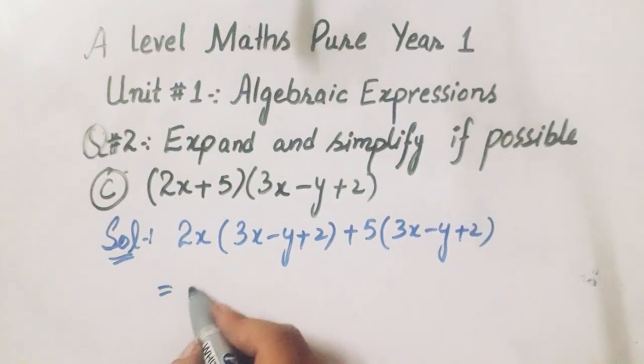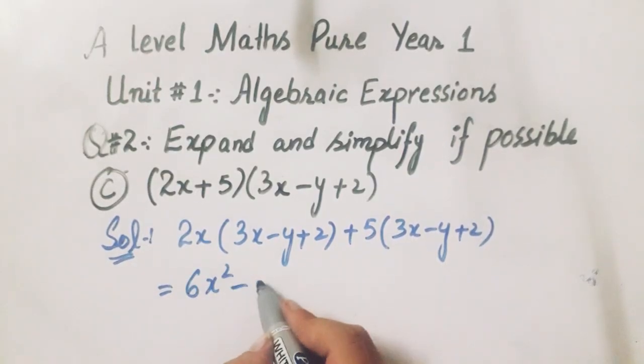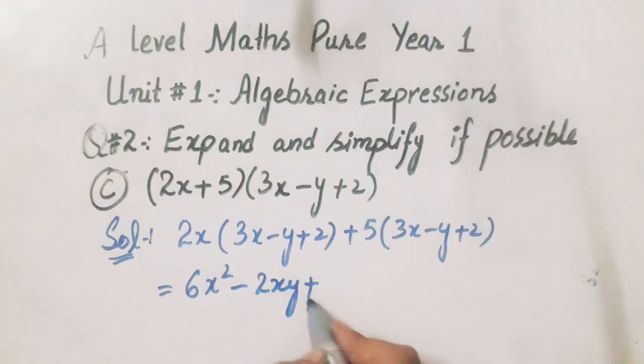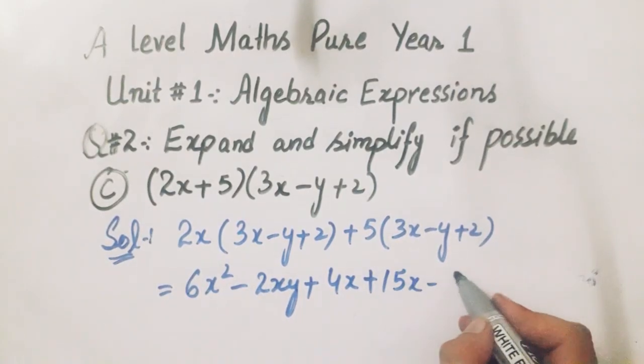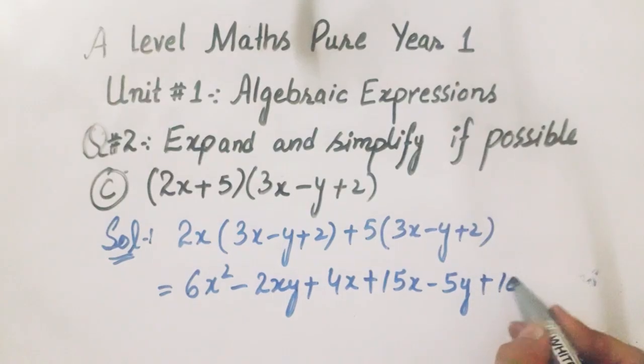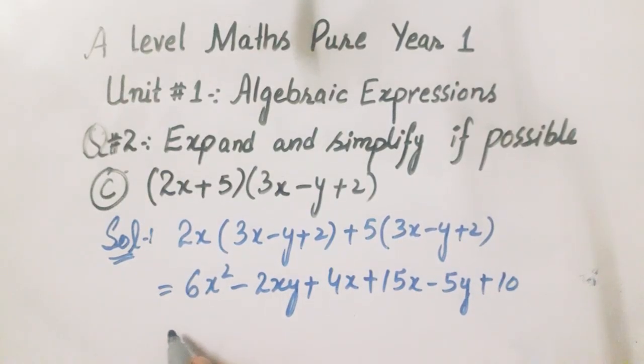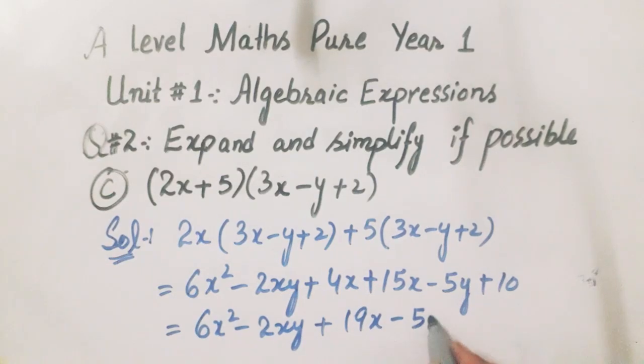So we get 2 into 3 is 6, 6x square minus 2xy plus 4x plus 15x minus 5y plus 10. So this will become 6x square minus 2xy, then 15 plus 4 is 19, 19x minus 5y plus 10. So this is the answer. Now we will solve question number 3.